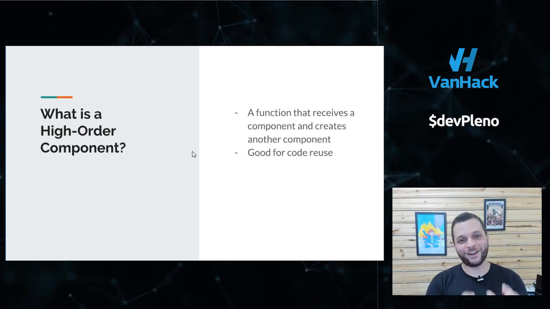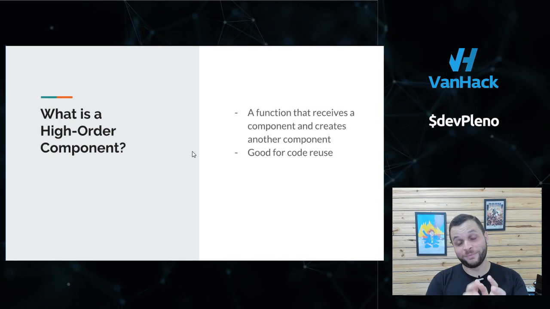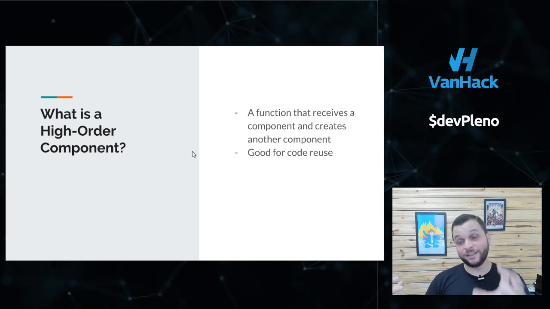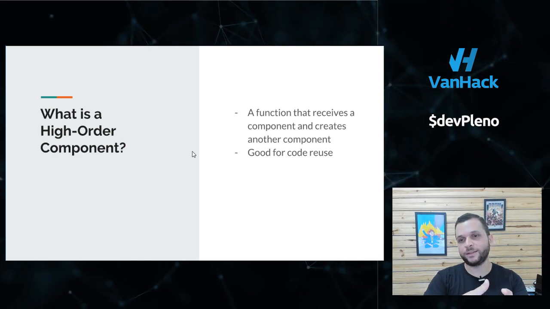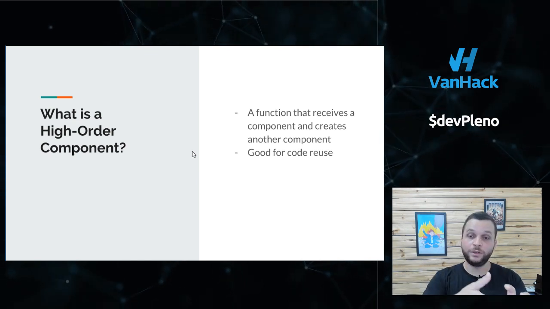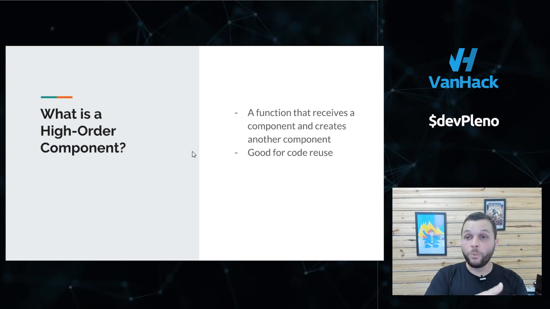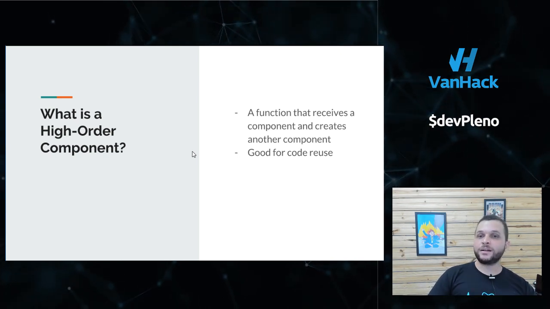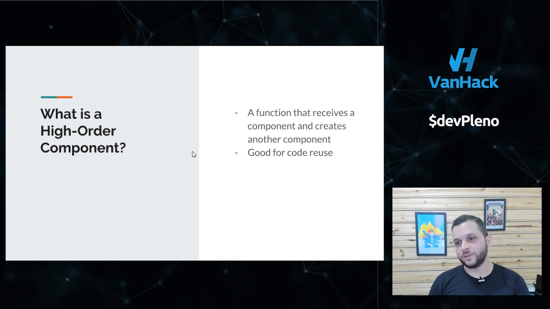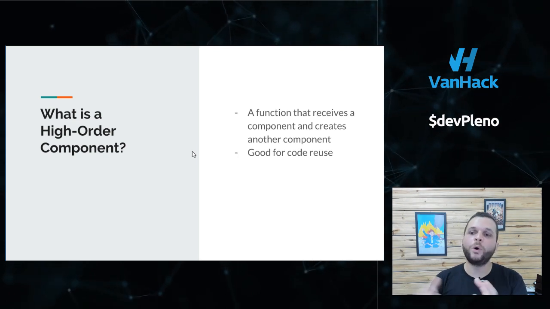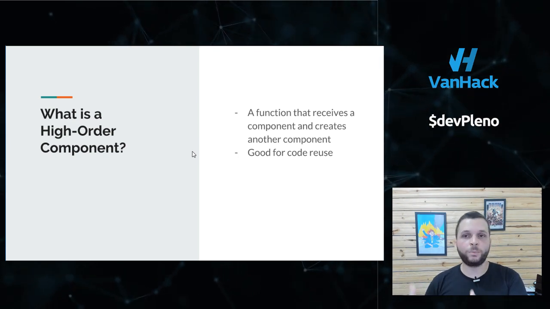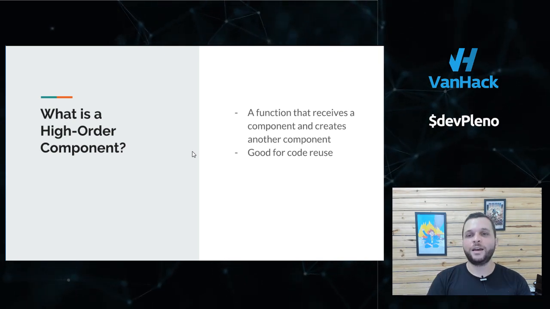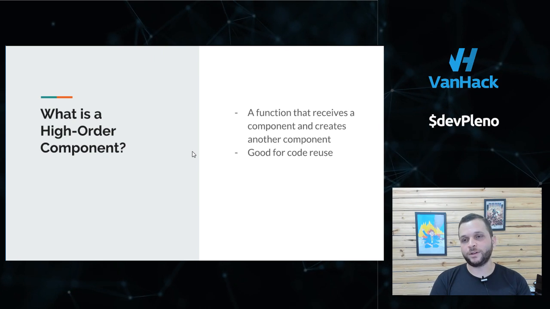So we have a function, and this function receives a component. We can send a component to this function, and this function returns a new component. So we are trying to create or enhance components using functional programming, passing components as parameters.